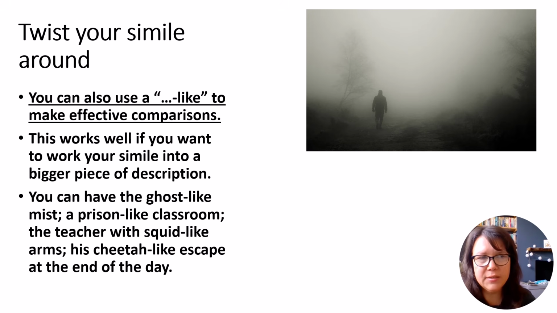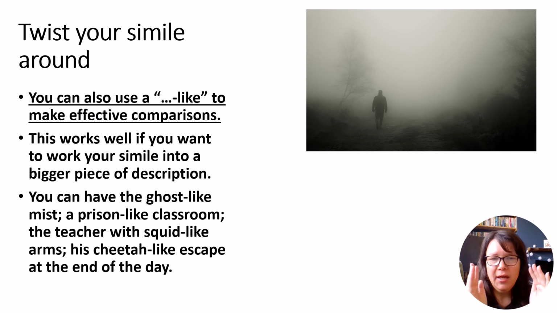One of my favourite ways of constructing similes is to actually turn it into a compound word, instead of, you know, like a fire burning, you've got something like, and so I've got some examples here: a ghost-like mist, a prison-like classroom, teacher with squid-like arms, cheetah-like escape, something a little bit more interesting in that type of simile. Again, just like I said with personification, it's super important that you think this through and that you plan some that you can use.